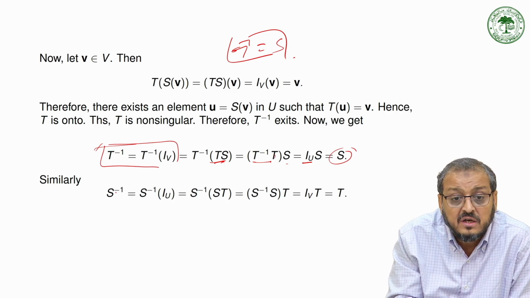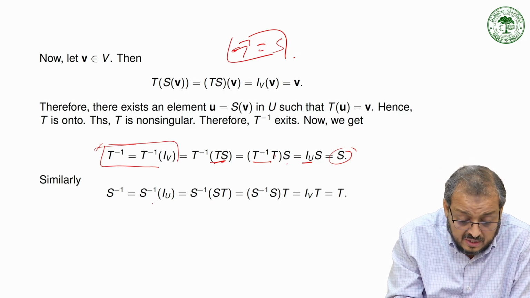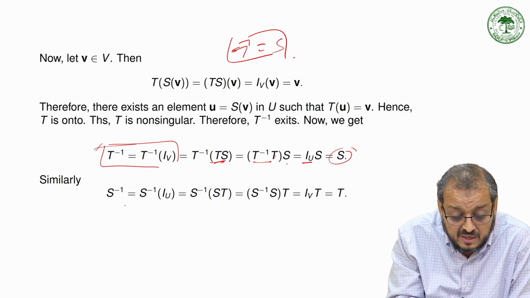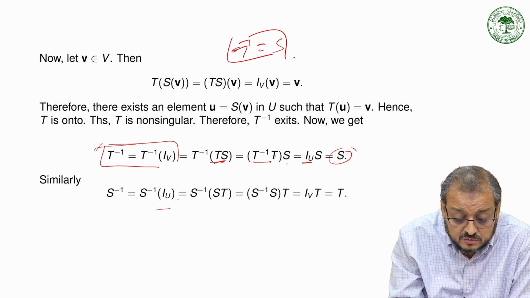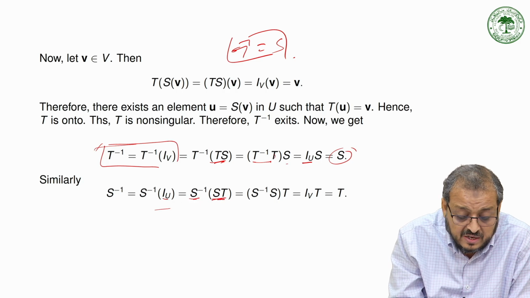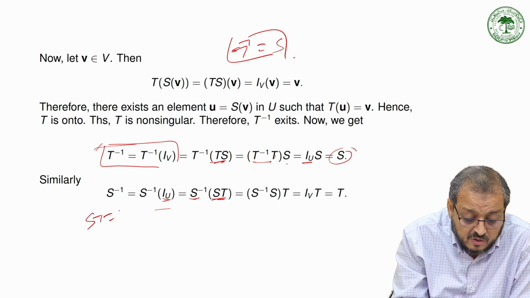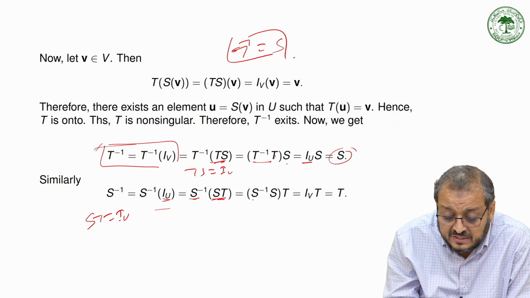So S inverse can be written as S inverse of the identity of U. This can be written in the form, and then we take the map from this. So we can say that S inverse ST is equal to ST is equal to I of U, and we have T of S is equal to the identity of V. Using S inverse S, then S inverse.